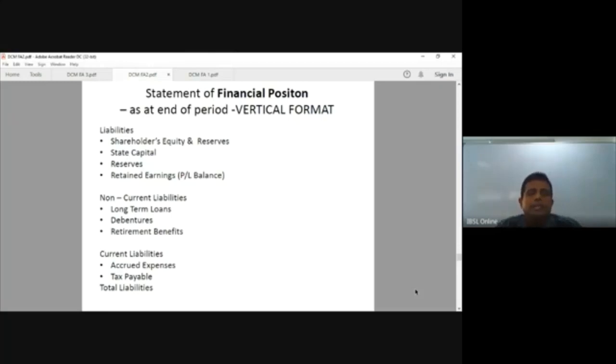If a liability will be settled within 1 year, we call it a current liability. If it takes more than 1 year to settle, we consider it a non-current liability. Normally in a company, long-term loans, debentures, and retirement benefits are non-current liabilities. Accrued expenses, tax payables, and bank overdraft are current liabilities.